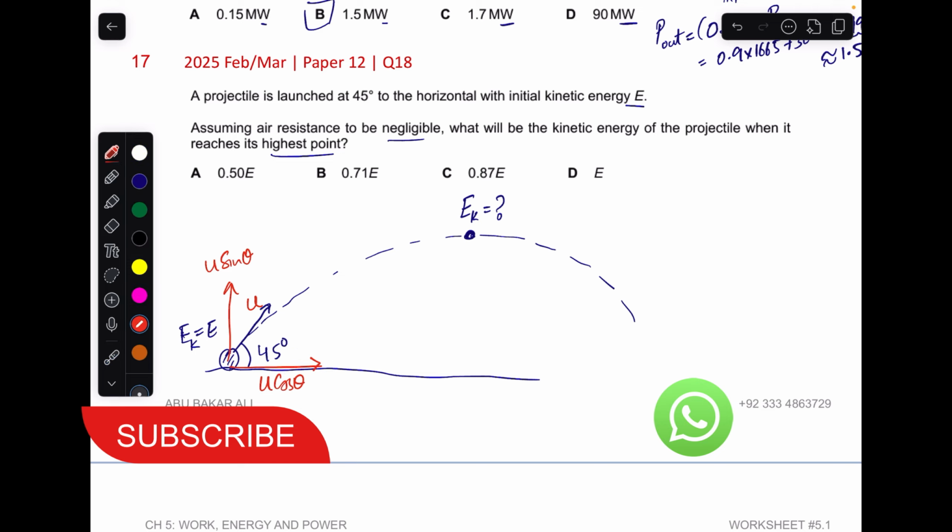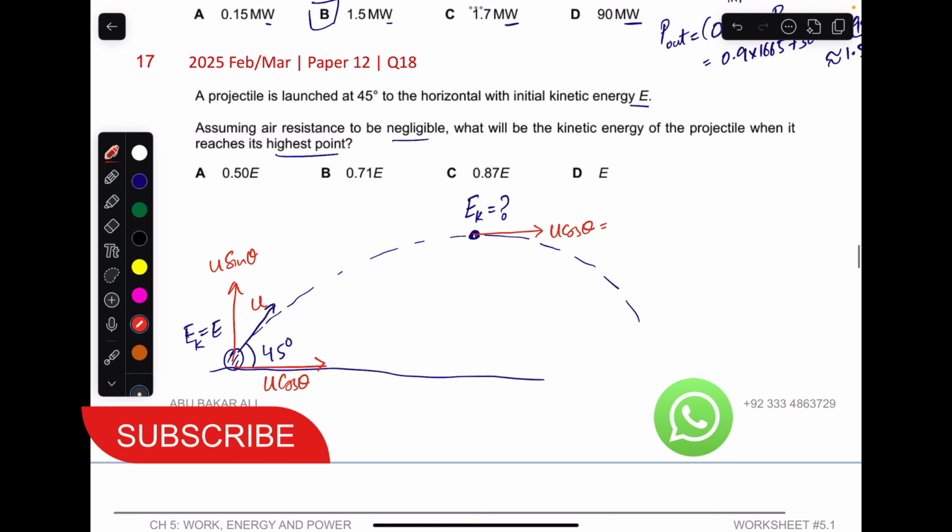So there will be a u cos theta acting on it. And as it is at maximum height, the vertical component will no longer be there. So vx is u cos theta, and vy will be 0 because it's at maximum height. So the total velocity will be equal to vx.